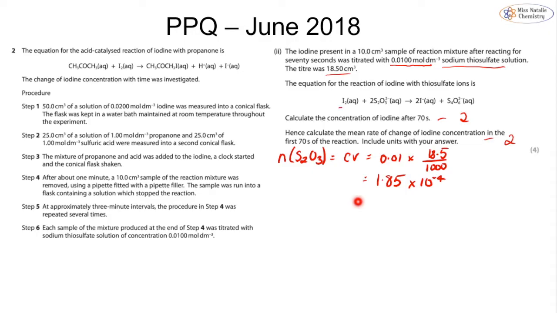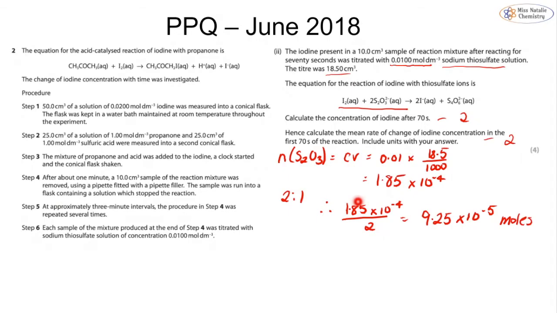Now you can see based on our coefficients, we have a 2-to-1 ratio for the sodium thiosulfate to the iodine. Therefore, we take the 1.85 times 10 to the minus 4 and we divide it by 2 to get 9.25 times 10 to the minus 5 moles of our iodine.